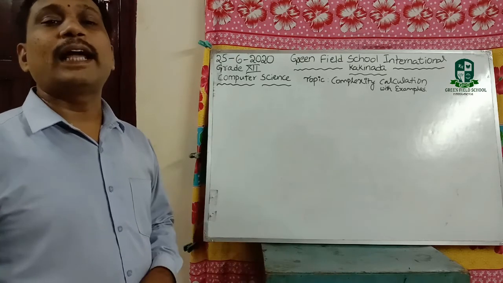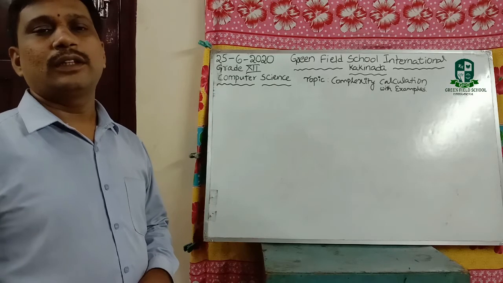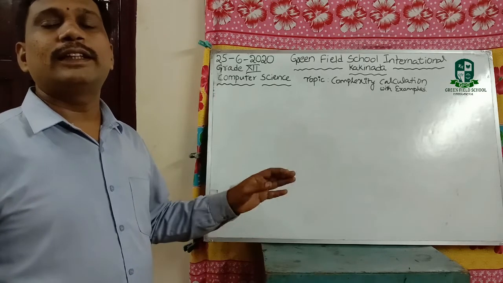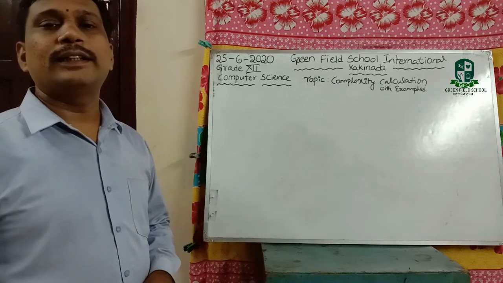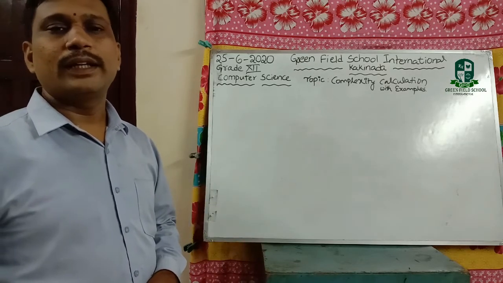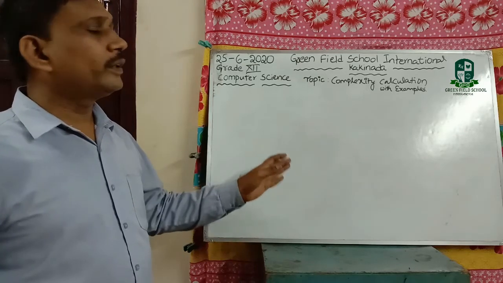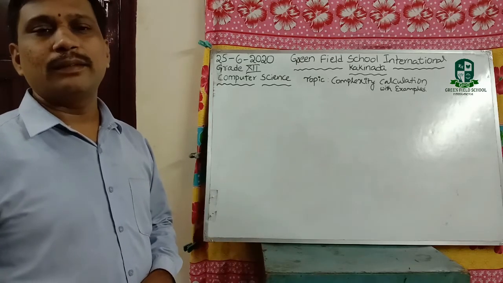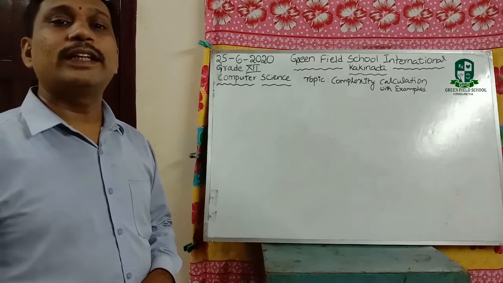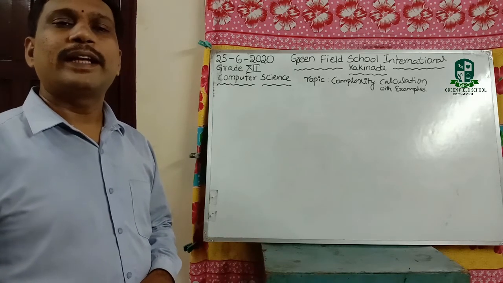We calculate the time complexity of the same program, whether a given number is a prime number or not, using the root n technique. This is the square root n technique.